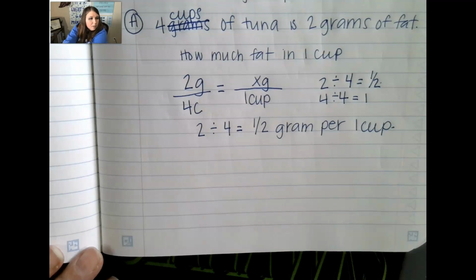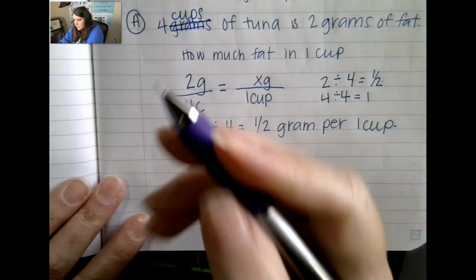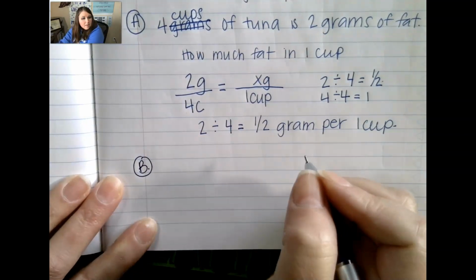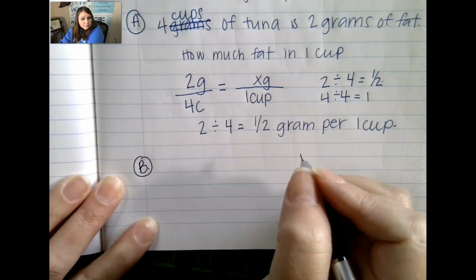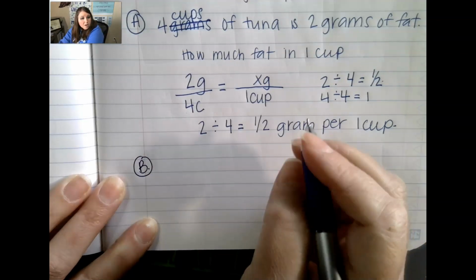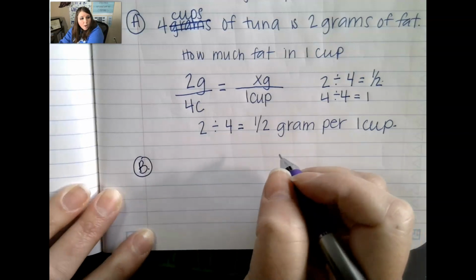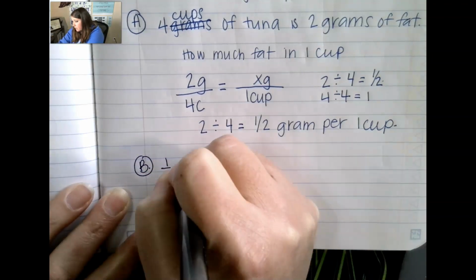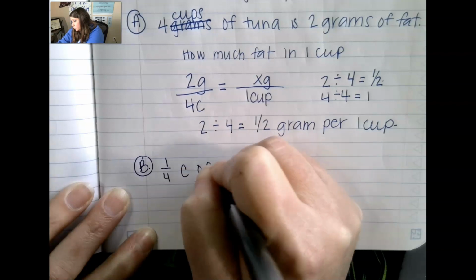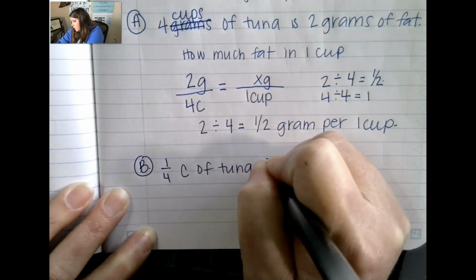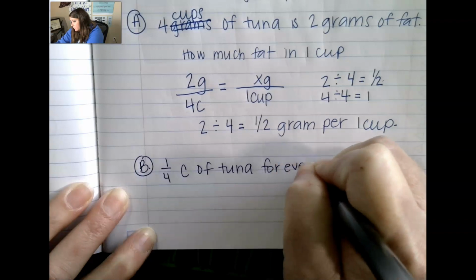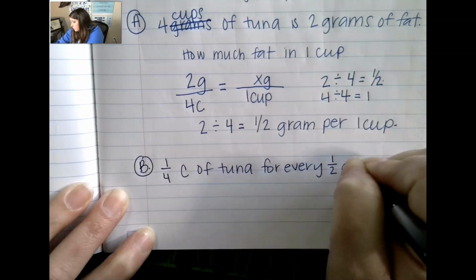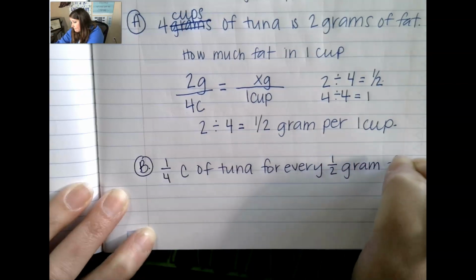And in example B, we're going to compare. In this one, it says there is 1/4 a cup of tuna for every 1/2 gram of fat. So 1/4 cup of tuna for every 1/2 gram of fat.